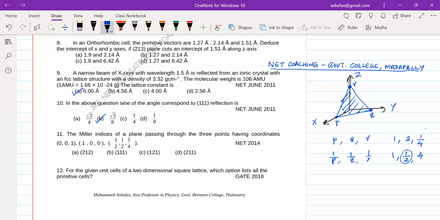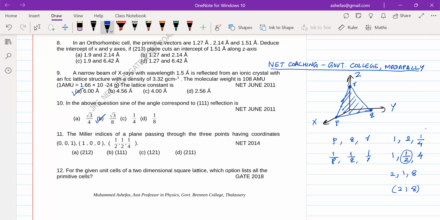So if you multiply throughout by 2, we can remove that fraction. It becomes 2, 1, 8. So the Miller indices of that particular plane are denoted as 218. So this is a way to find the Miller indices of any plane.